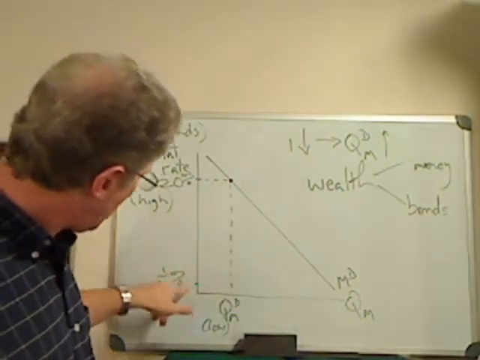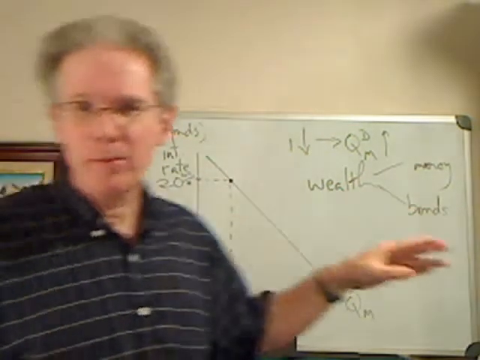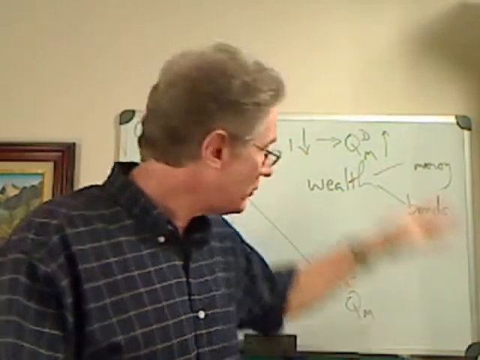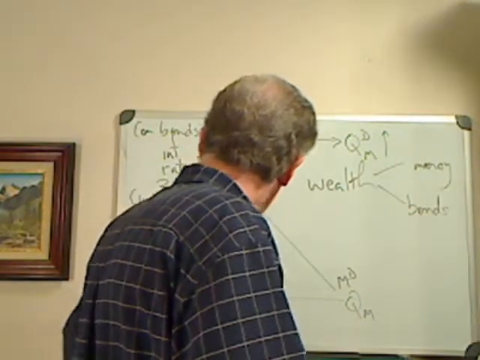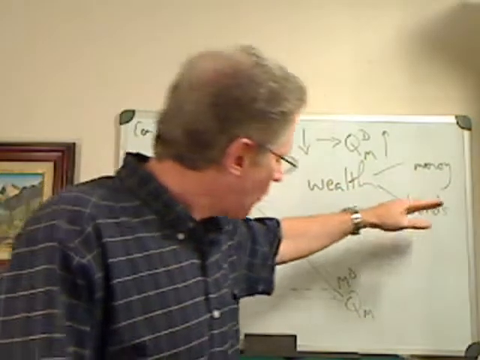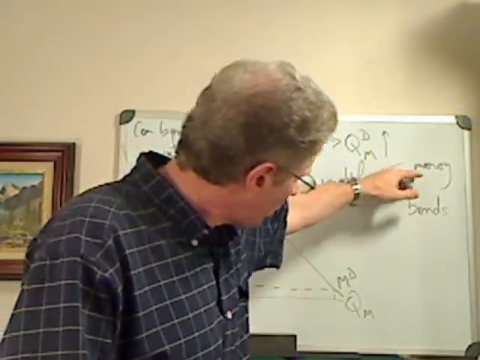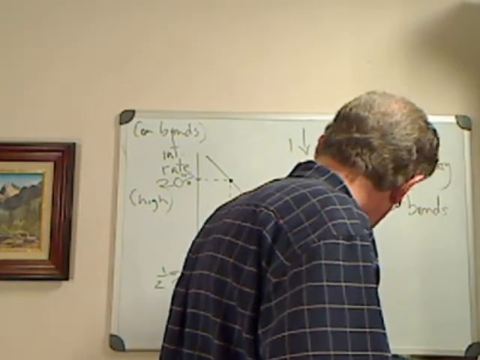And if bonds are only paying 0.5% interest, you're not giving up much interest when you choose to hold money rather than bonds. So we're saying if the interest rate on bonds is low, people will choose to hold relatively few bonds. They want to hold most of their wealth in the form of money. So the quantity of money demanded would be high.